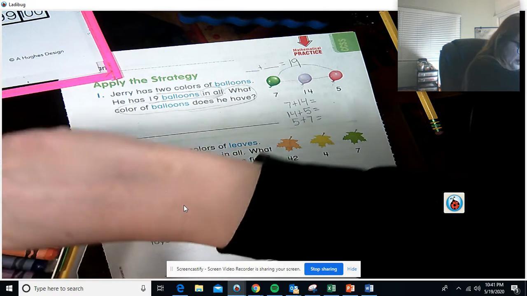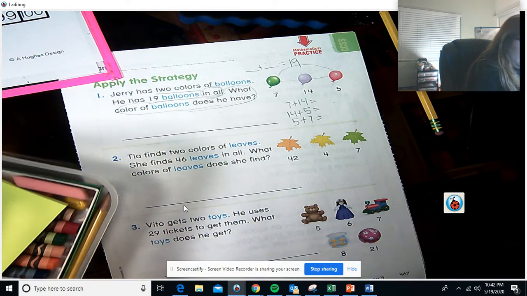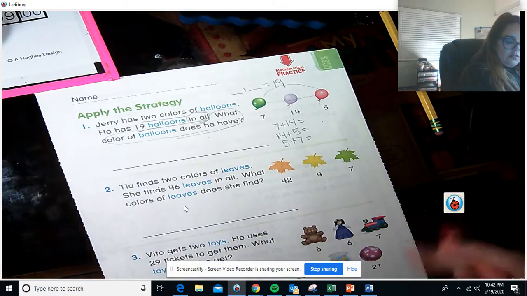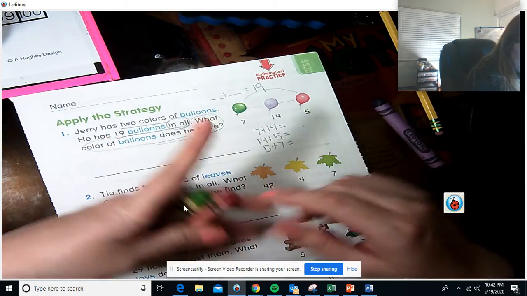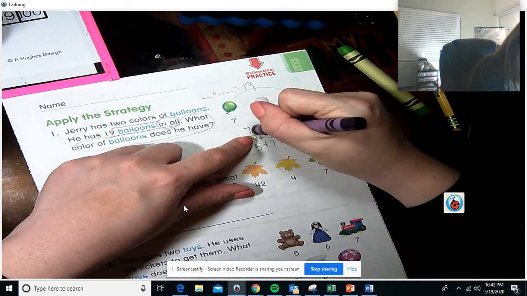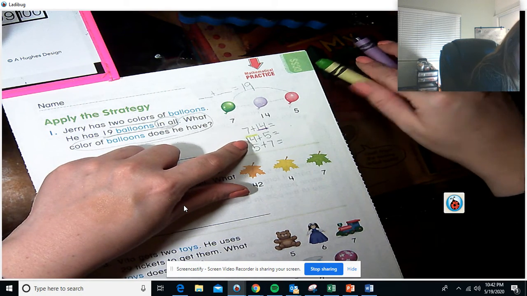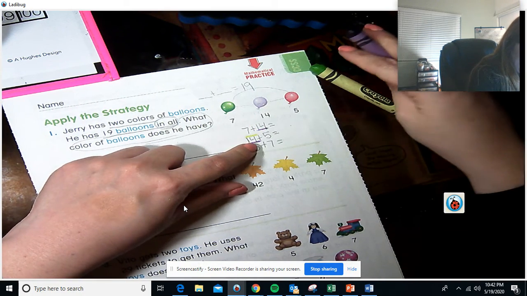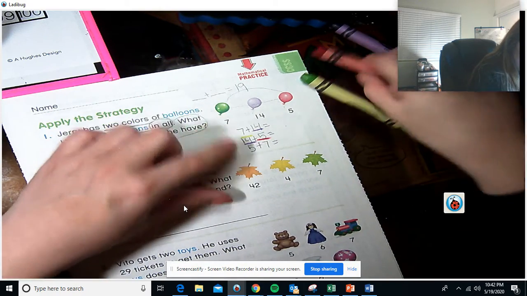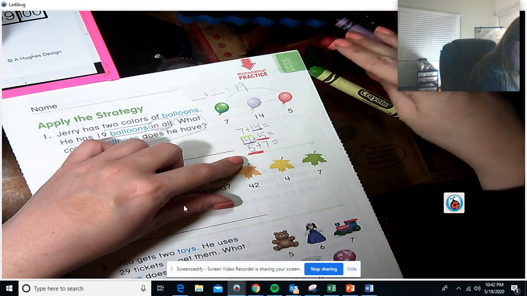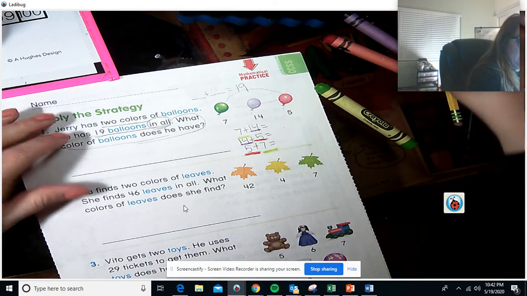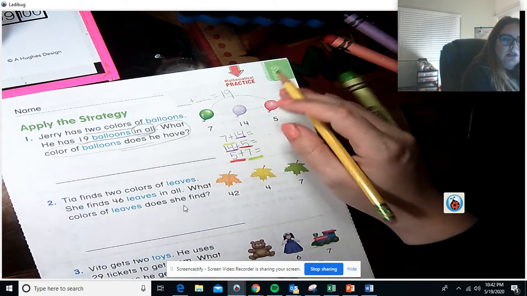So we have green, purple, and red. So it could either be 7, so green and purple, or it could be purple and red, or it could be red and green. We don't know which 2 colors Jerry saw. So we're going to count on. The strategy we're going to use is counting on.